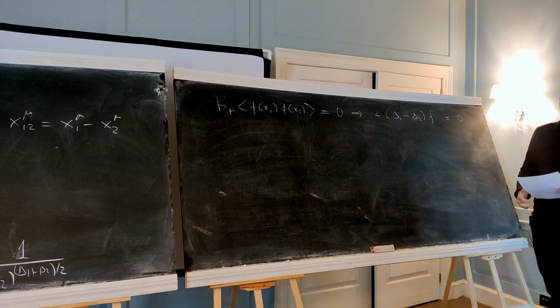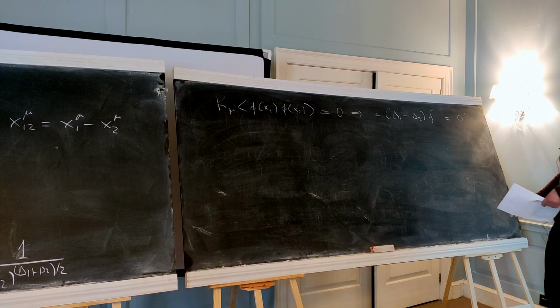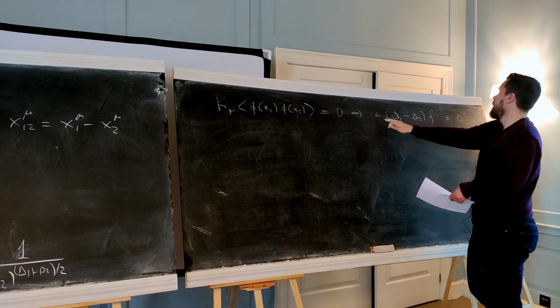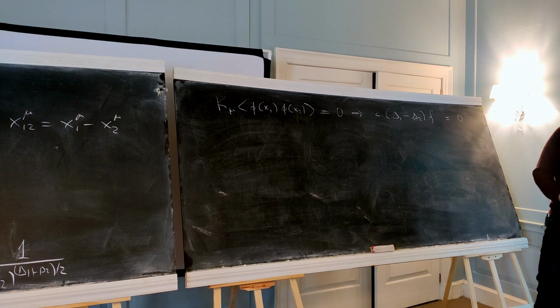So this is just a little bit more complicated calculation, but it's completely straightforward, just taking derivatives of that form over there. And therefore, in order for this to happen, either c is 0 or delta 1 minus delta 2 is 0. Okay?